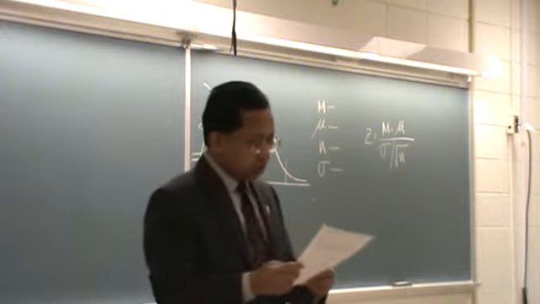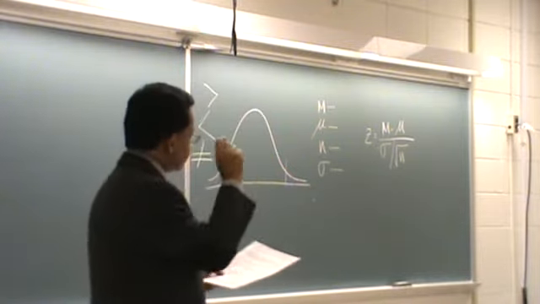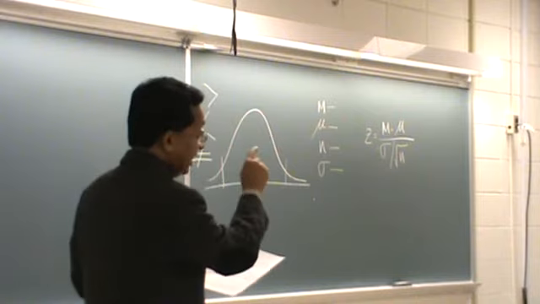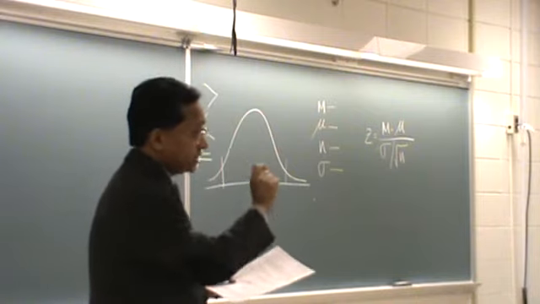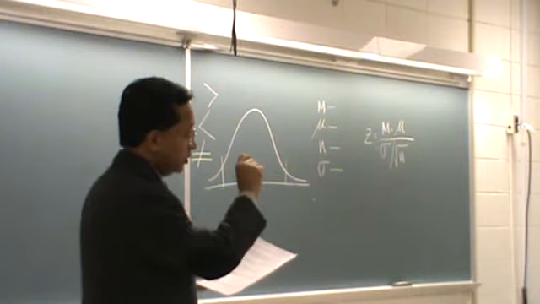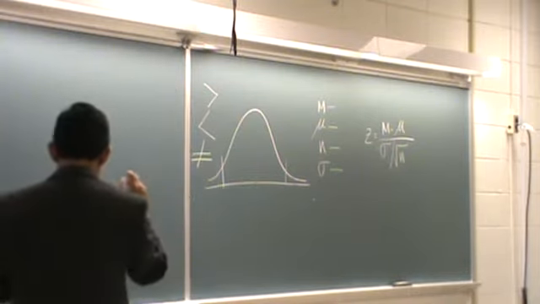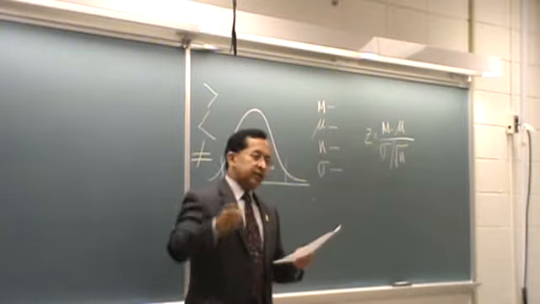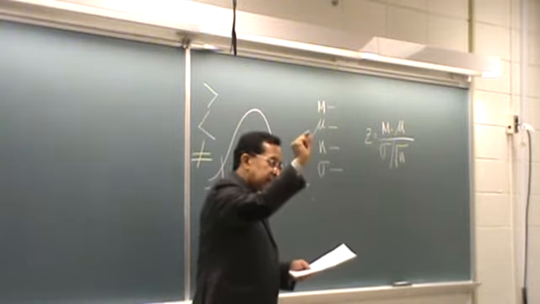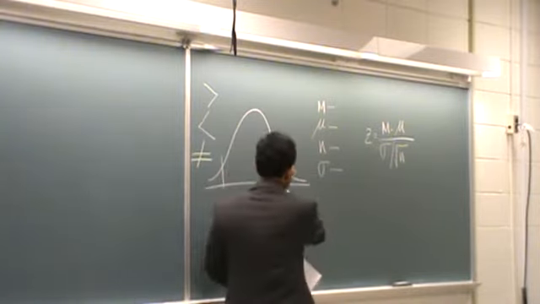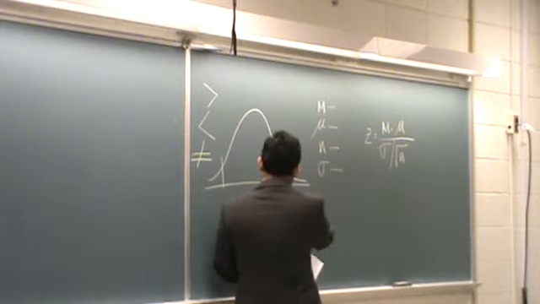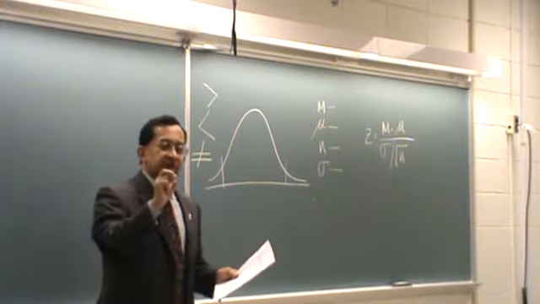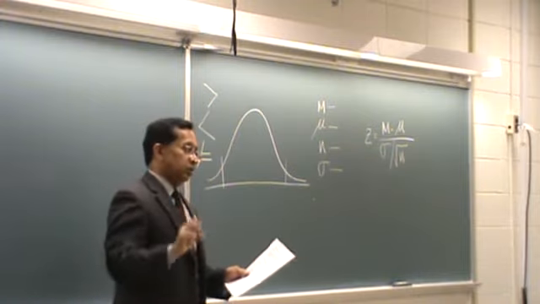Okay. So look at this. Look at the value of alpha, look at which side, which tail you are going to look at, and then you decide your rejection region. And then look at the z value at this point, and then based on that you decide whether you are going to reject the null hypothesis or not.